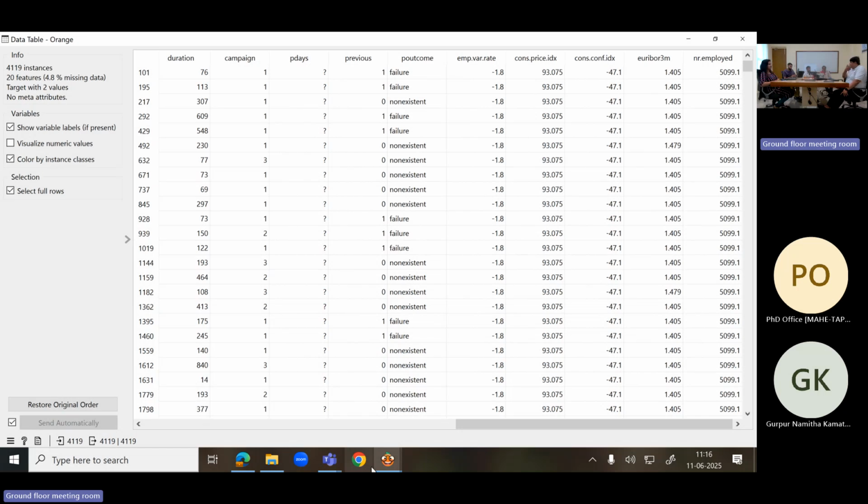That's the learning you need to get from these types of datasets. When you are capturing something, it should not be capturing it one-dimensionally. Holistically, it has to capture.